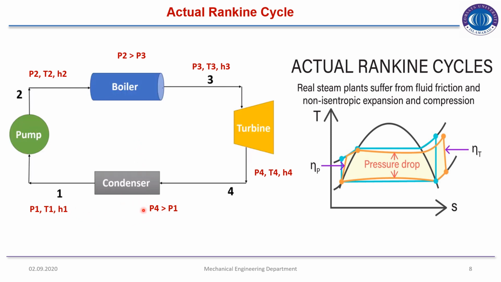In the condenser as well, there will also be a pressure drop, so P4 is greater than P1. P4 is the pressure at the inlet of the condenser and P1 is the pressure at the outlet of the condenser. Due to the pressure drop, the pressure is written as P4 greater than P1.